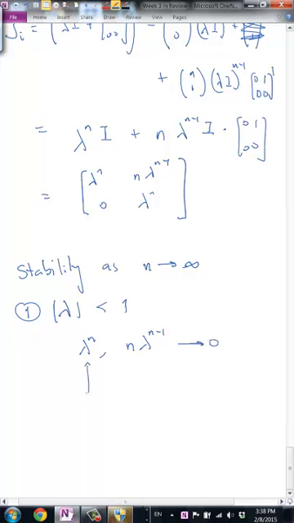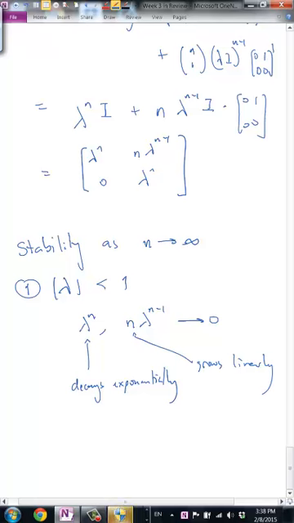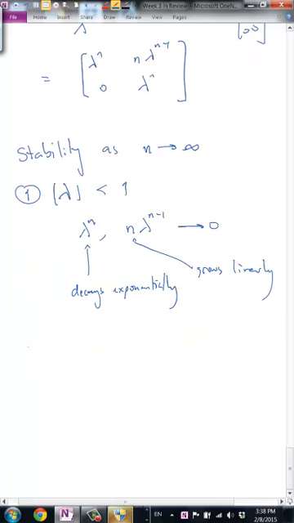And the reason is that this decays exponentially quickly, and this grows linearly. So an exponential decay is going to beat out linear growth. On the other hand, if the magnitude of lambda is bigger than 1, then everything goes to infinity. So we have that this is unstable.